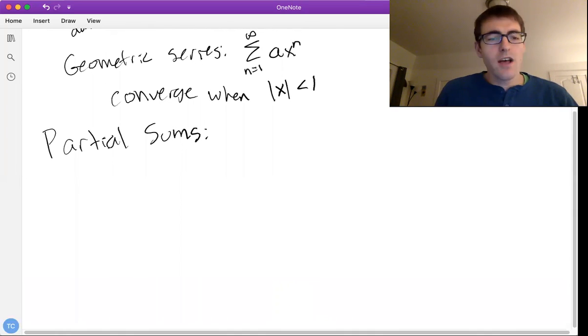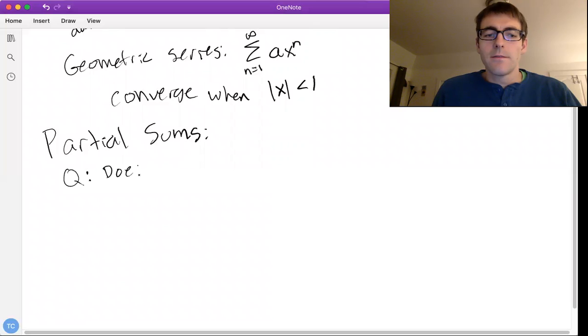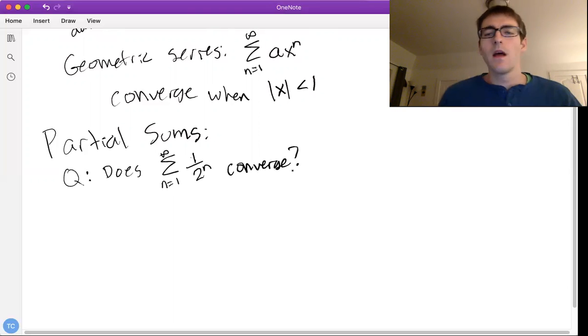For a partial sum, my question is, does the series adding together 1 over 2 to the n, going from n equals 1 to infinity, converge?